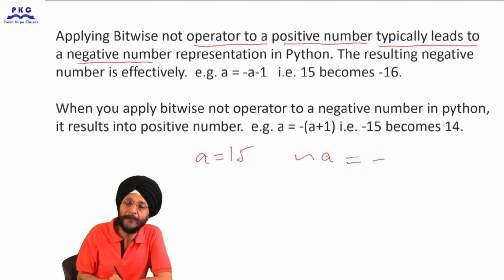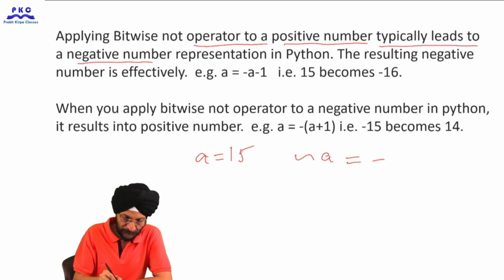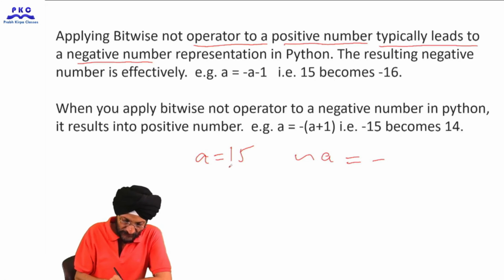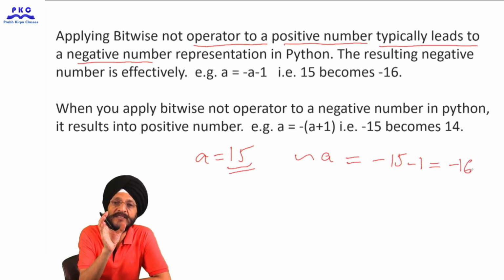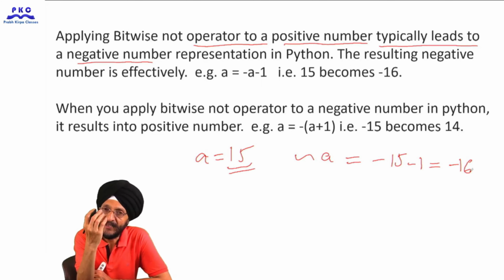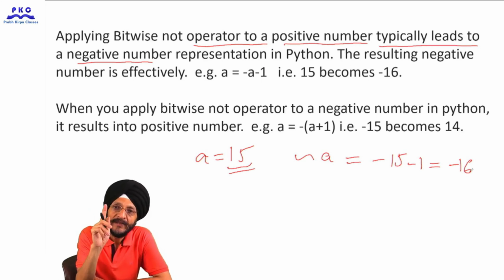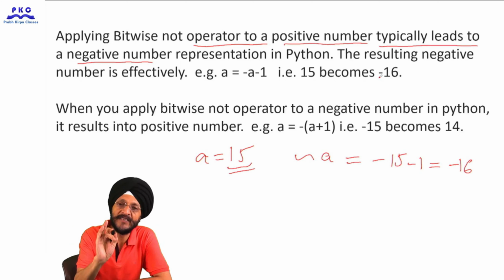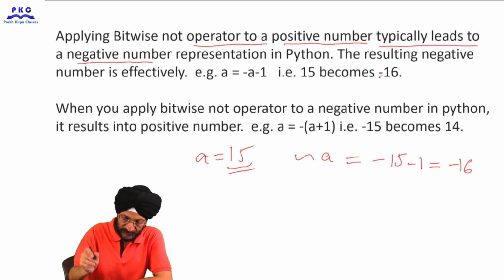That is, the value will become negative. The resulting negative number is effectively minus a minus 1. That is, here the value of a is 15, minus 1, it becomes minus 16. So if the decimal value is positive, it will become negative, and it will also be increased by one. 15 has become 16, and it has become a negative value.